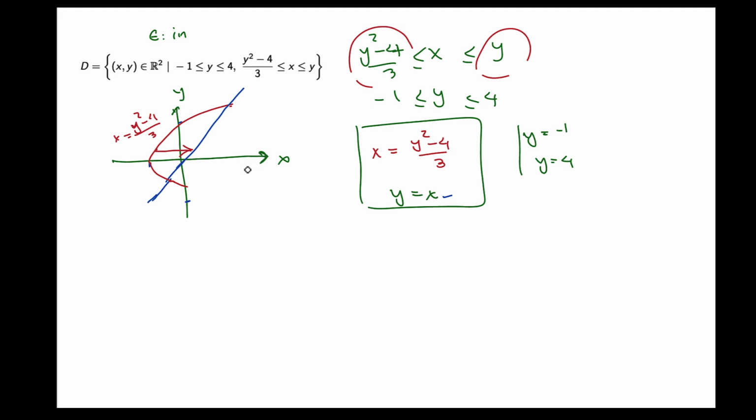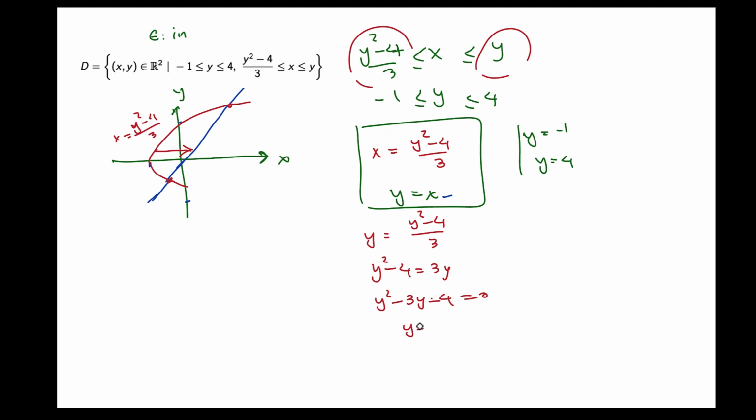The other thing is that I want to make sure we're not exceeding the intersection points, because then the order changes. If I intersect these two, I get y equal to y squared minus 4 divided by 3. So y squared minus 4 is equal to 3y, so y squared minus 3y minus 4 equal to 0.